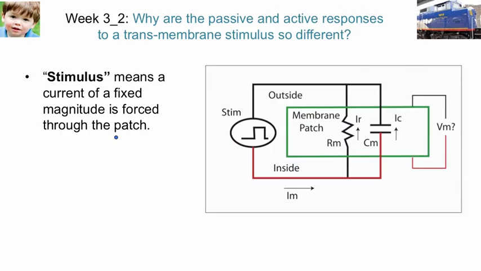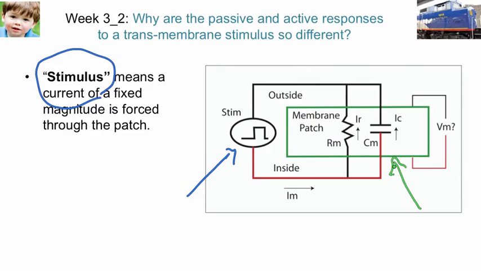A stimulus, this word over here, signified by the pulse symbol over there on the right, is a current that is passed through a patch of membrane. Now the patch of membrane is diagrammatically shown by this box, this green box.